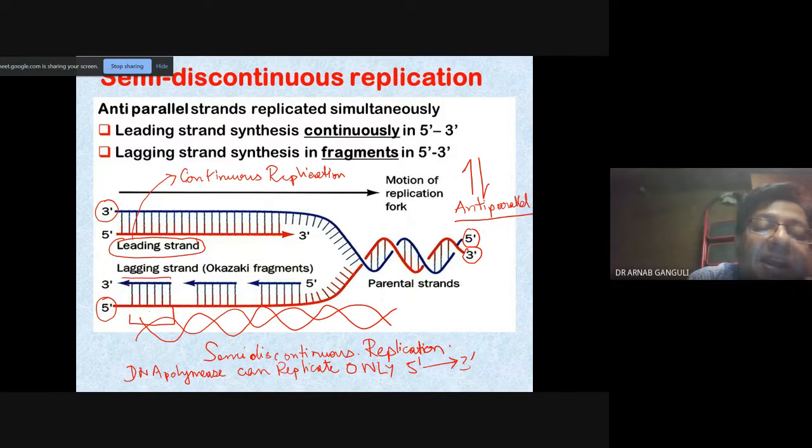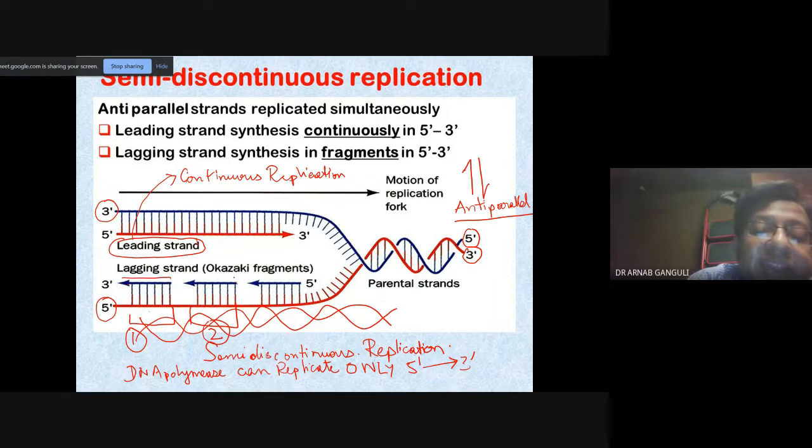And in that part, while this leading strand is done, slowly in the opposite direction, this lagging strand is synthesized. Then again, this part is first unwound. Then second, this part is unwound. Then again, from the back, again it comes back to the front.